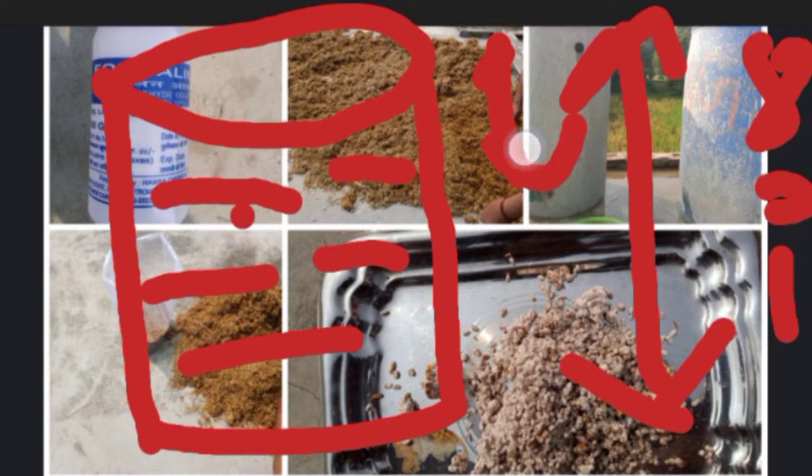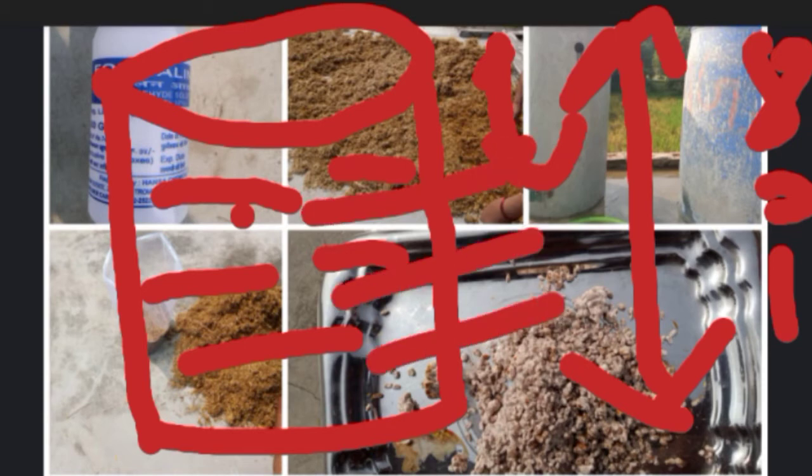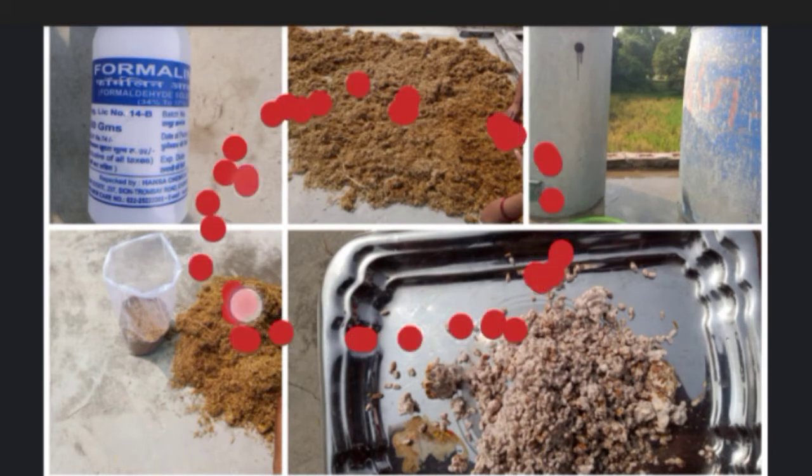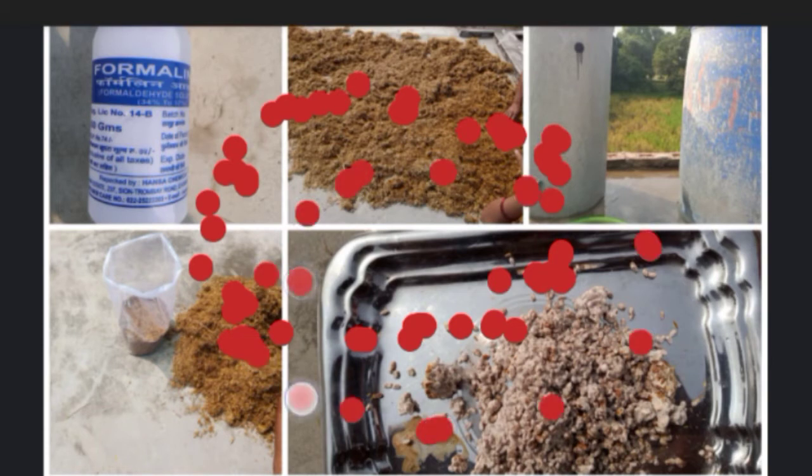Every 2 inches we have to distribute the spawn. We distribute spawn like this in the PP bag. After 2 inches we distribute again. This is how we distribute the spawn.